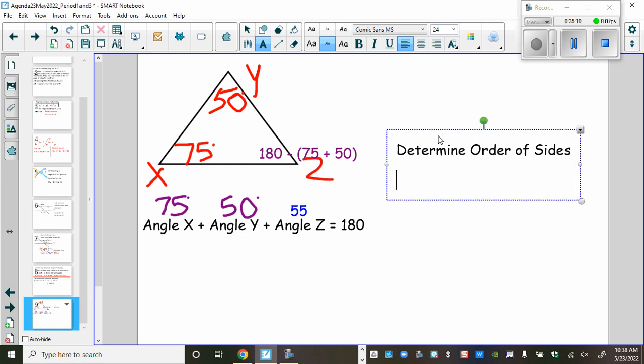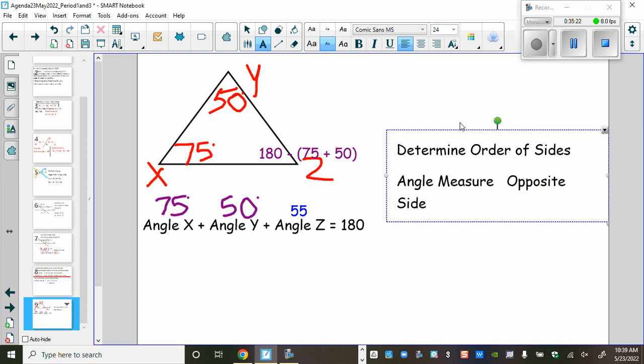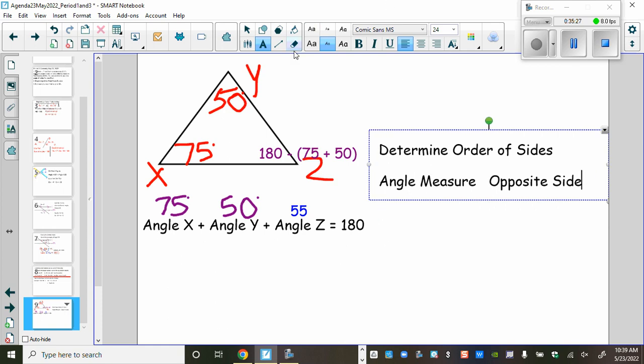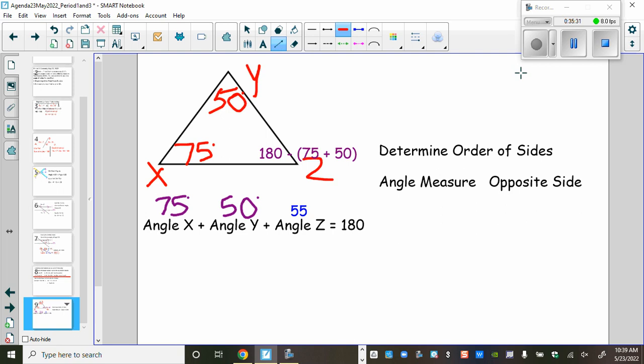What you do is you get your angle, whatever the angle measure is, and then the opposite side. I don't know if anybody remembers these types of problems from earlier in the year, but you might get a problem like this.